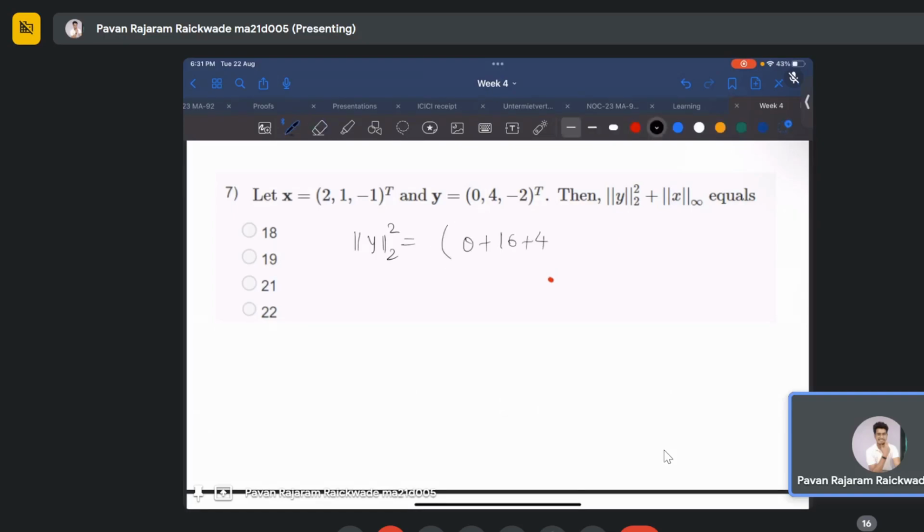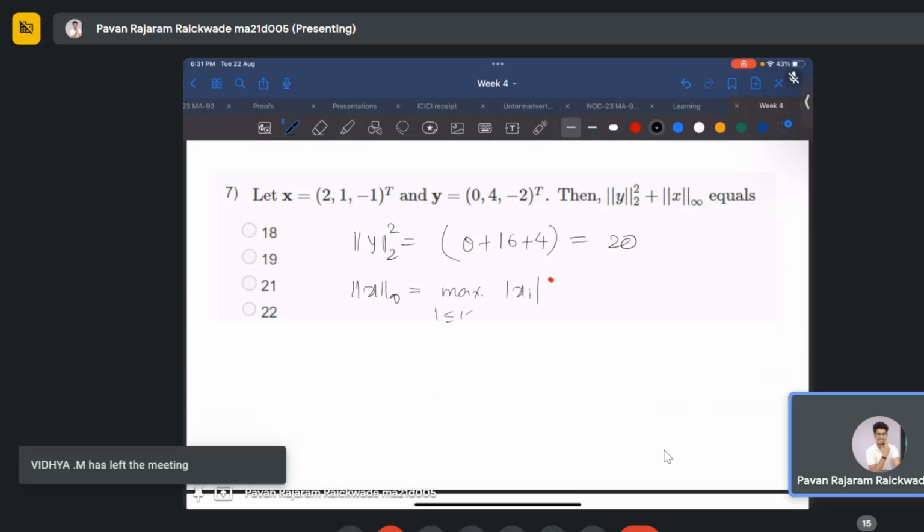We have squared, so no square root. It's 20. And what is the norm of x infinity? It is the maximum of the modulus of x_i, where i runs from 1 to n. Modulus of x_i max is 2. The answer is 22, correct.